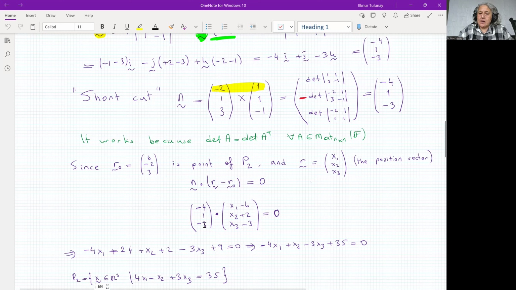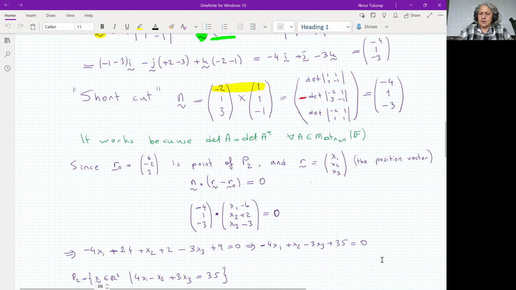This is a dot product, and this is our normal vector, and the position vector of the point on the plane. So this dot product gives us 0: -4 times this, 1 times this, plus -3 times this. That's -4 x1 plus 24, x2 plus 2, minus x3 plus 9 is equal to 0.